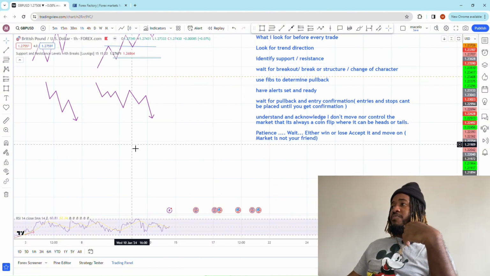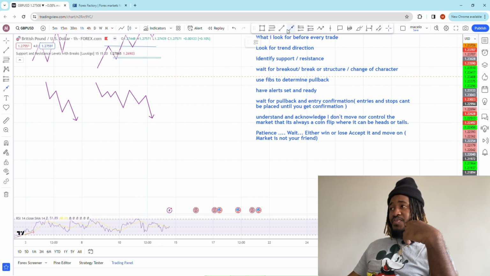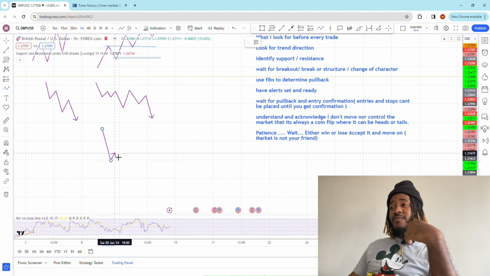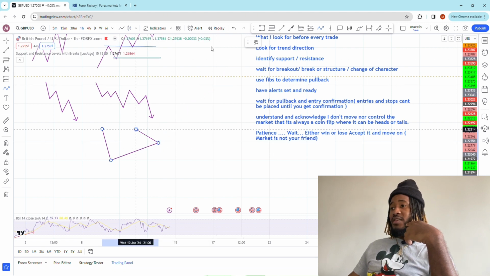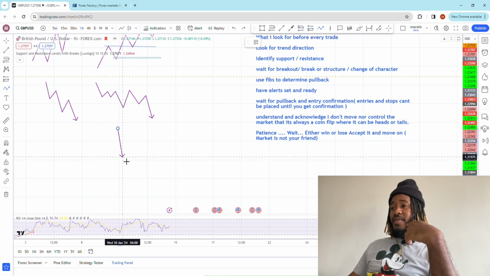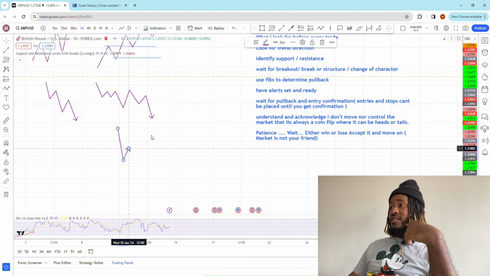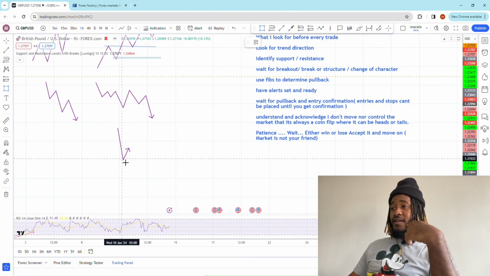So for me, a support area would be once price makes a downtrend, once price makes an impulse down, and once I get at least 2 to 3, I'll even say 3 or more candles pulling back up from that area, I'm considering this right there a support area for me.